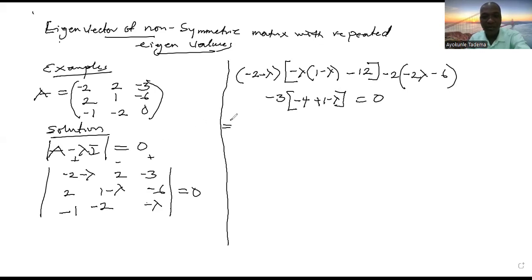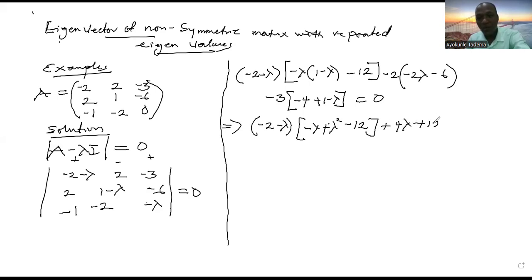Everything equals 0. From there, you simplify through. You have -2 minus lambda, open brackets, you have minus lambda squared plus lambda squared minus 12. Open this bracket, you have plus 4 lambda plus 12 minus 3, and the other one, we have plus 3 lambda. Everything equals 0.